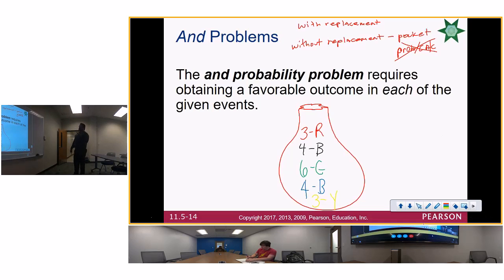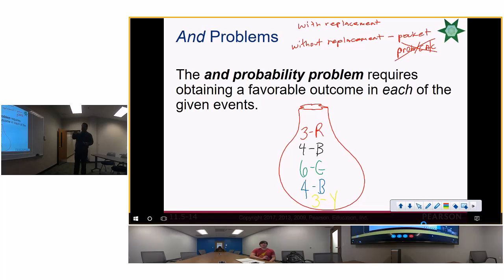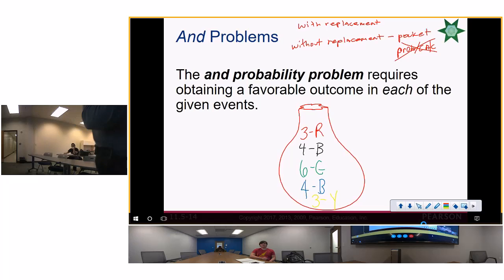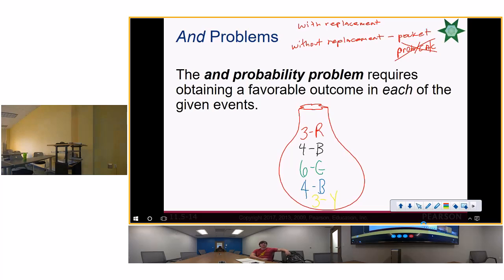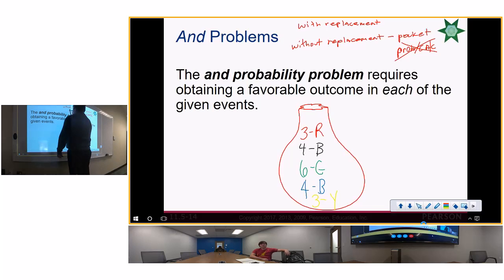Because instead of 20 marbles to pick from, now you have what to pick from? 19. And I take that marble, I pick another marble, I put it in my pocket. Now instead of 20 or 19, how many marbles have I got to pick from now? 18. So if you go without replacement, that is going to affect the probability, which means this is called dependent.